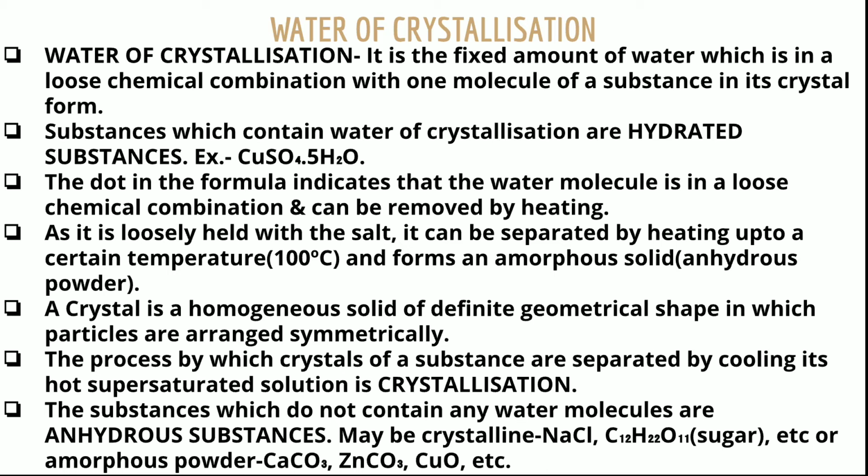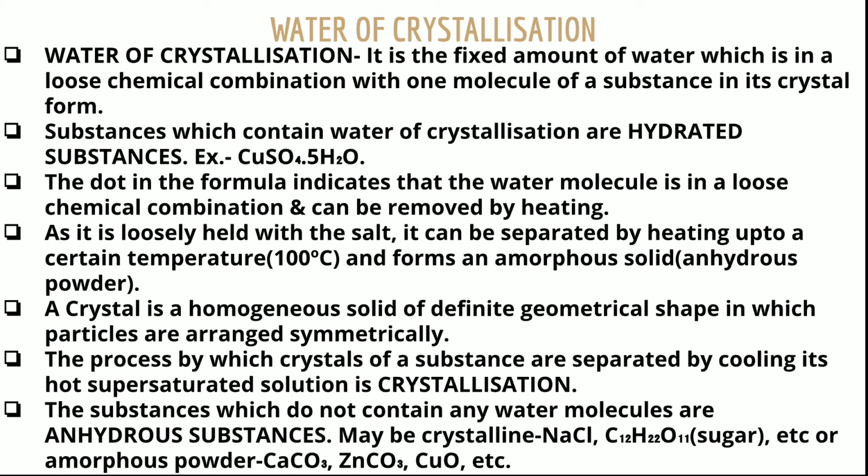The dot in the formula CuSO4.5H2O indicates that the water molecules are in a loose chemical combination and can be removed by heating. If we heat it, we can always remove the water of crystallization from the substance.